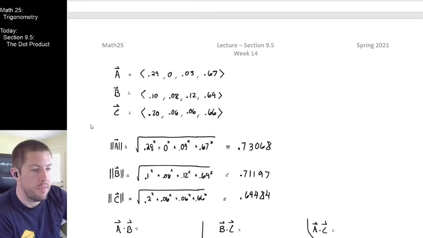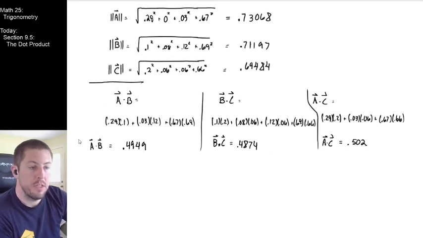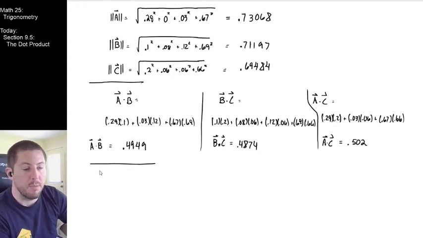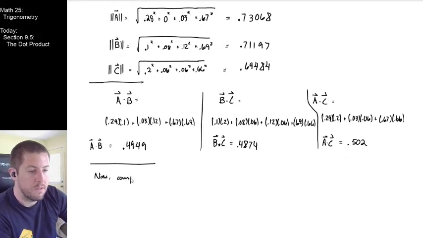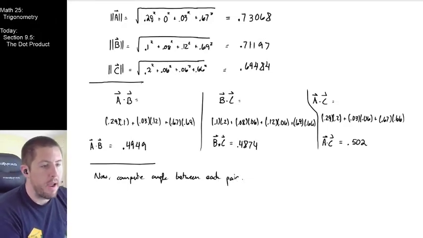So we wrote the vectors, we found the magnitude of the vectors, we found the dot products between any two pairs of vectors. Now let's compute the angle between each group. When I say between each group, I mean between each pair, right?